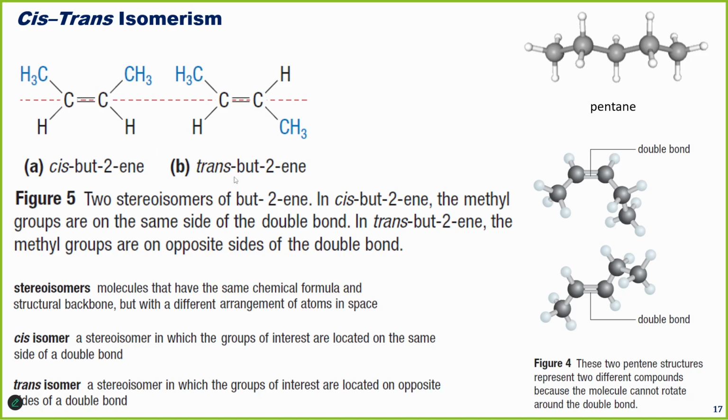Look at the concept shown in figure 5 here. When we refer to the sides of a double bond, we mean the two sides of the molecule divided by a line running along the double bond. We use the cis or trans naming system only when two of the substituents are the same, so in this case, methyl groups, and only for alkenes.